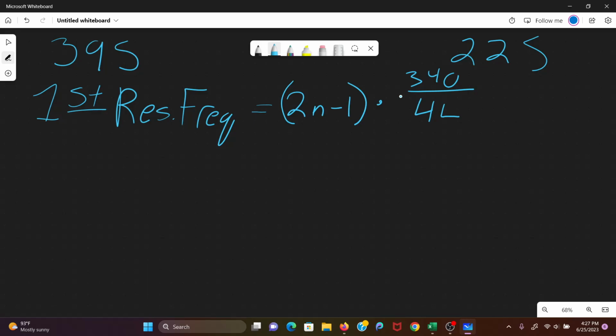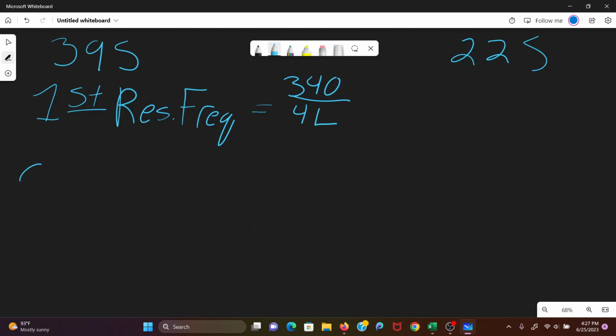Here's the thing about your first resonant frequency. This n is going to be a 1. 2 times 1 is 2, minus 1 is 1. So basically we can just ignore all of it. That effectively means that your first resonant frequency equals 340 over 4L.